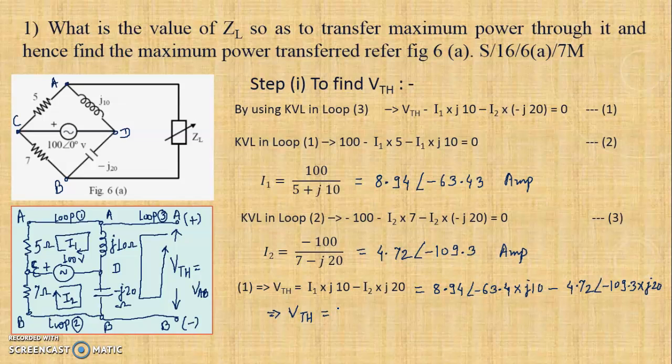This gives me the answer: VTH is 71.8 angle 97.32 in volts. So this is the value of Thevenin's voltage.